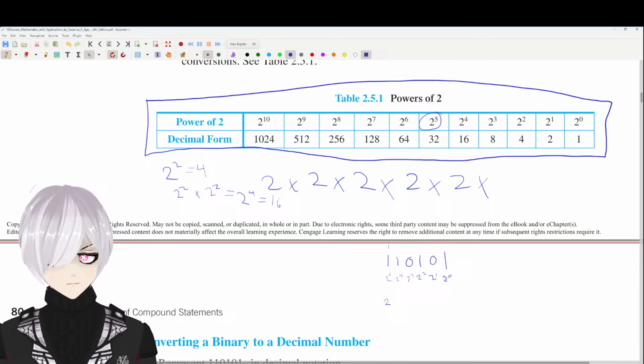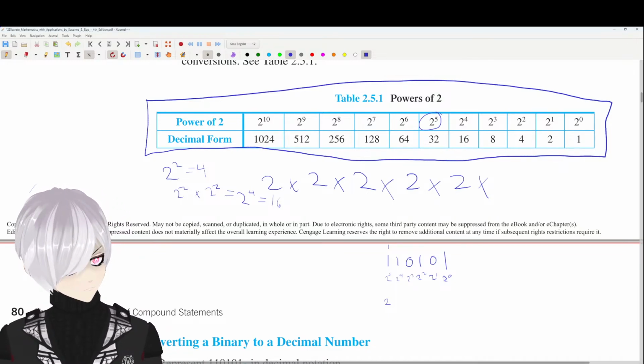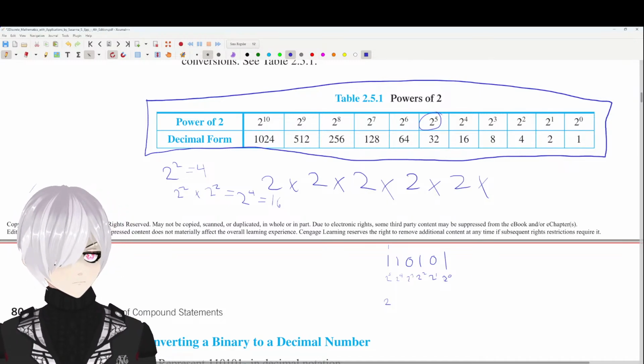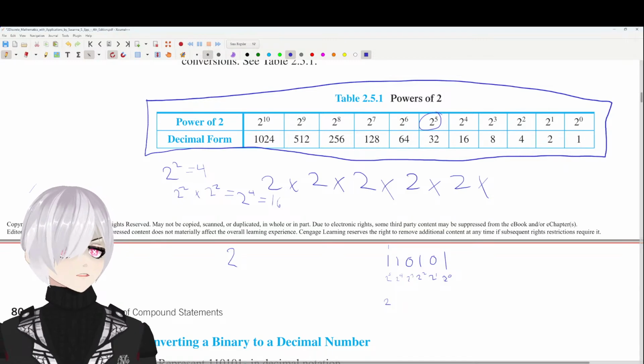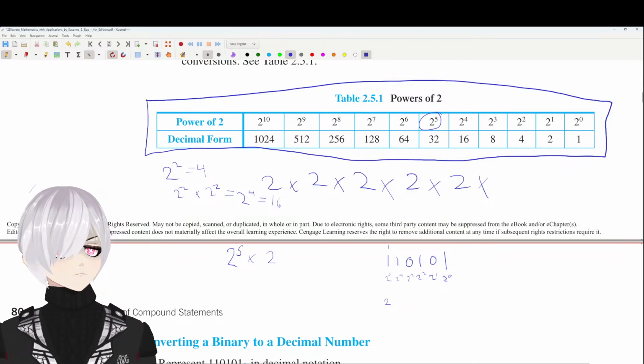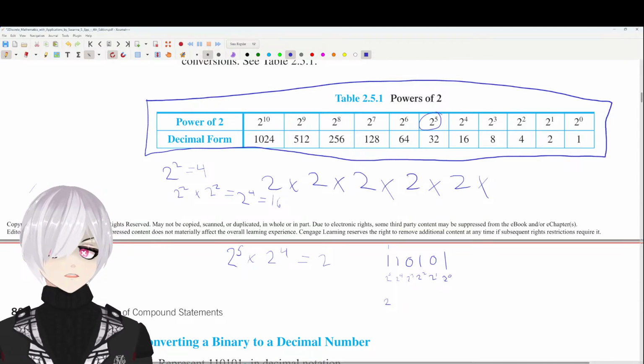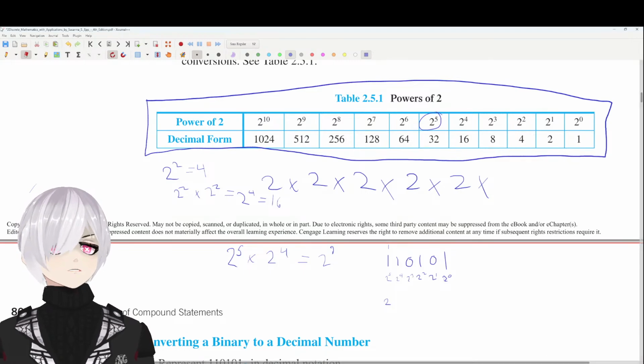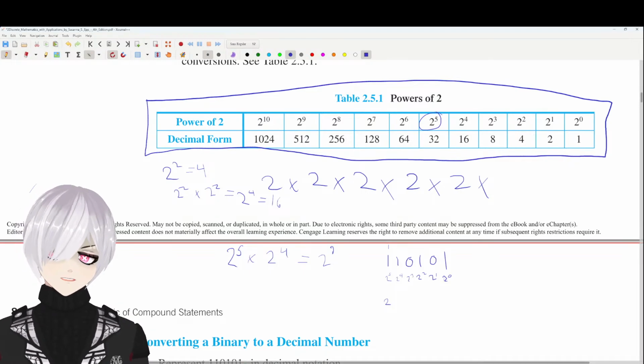Now let's see, is there an easy way of crunching this number up? Because it's not as easy as multiplying exponents. Like multiplying 2 to the 5th times 2 to the 4th gets you 2 to the 9th. That's super easy. That's really just addition.